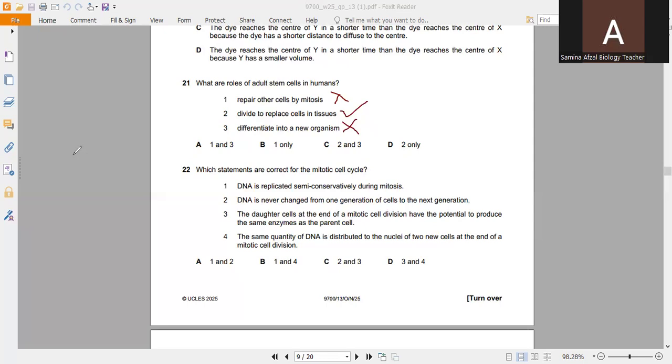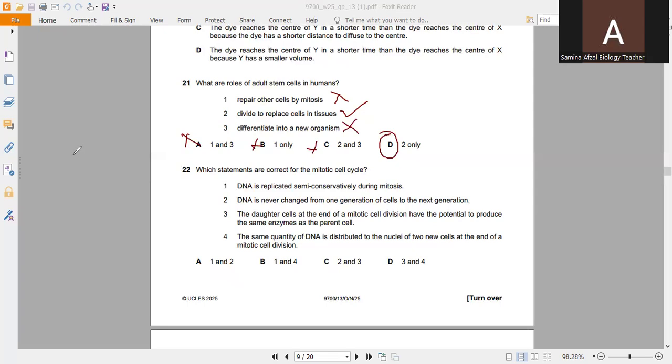Adult stem cells are multipotent, meaning they only differentiate into a limited range of cell types. Only a zygote has the potential to develop into an entire organism. So only statement 2 is correct, which is option D. A, B, and C are not correct options.